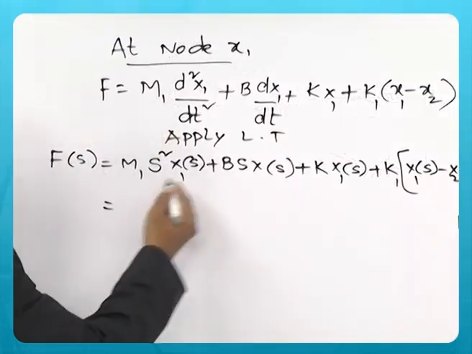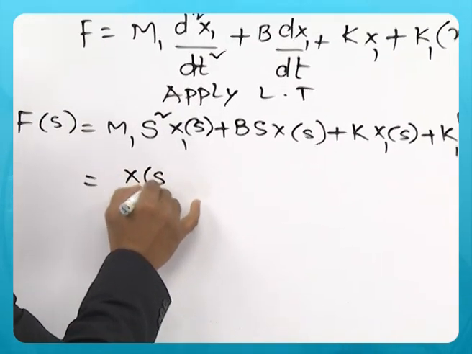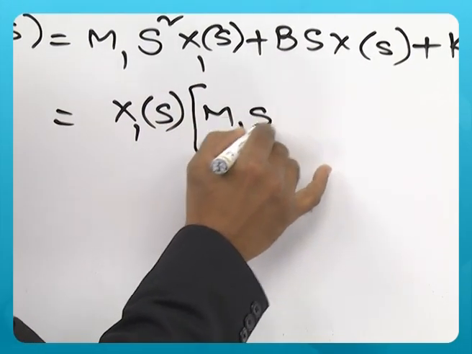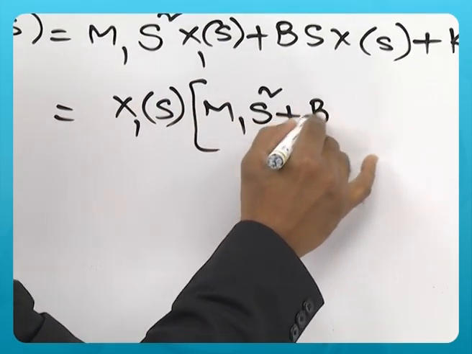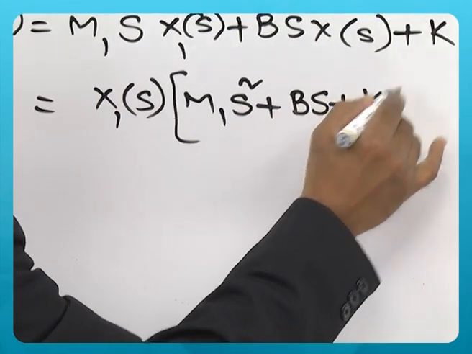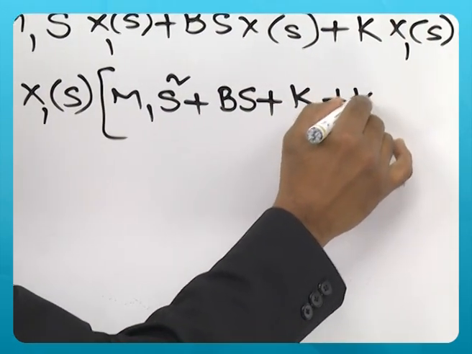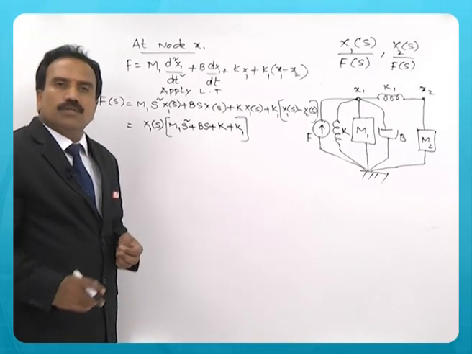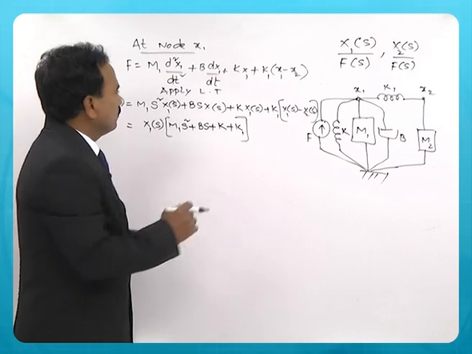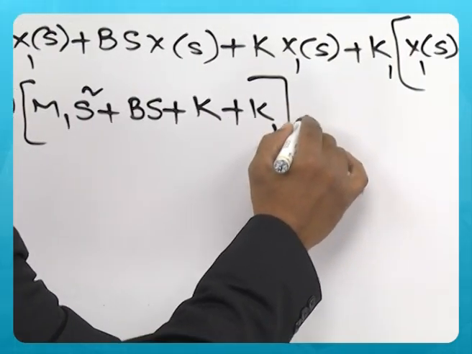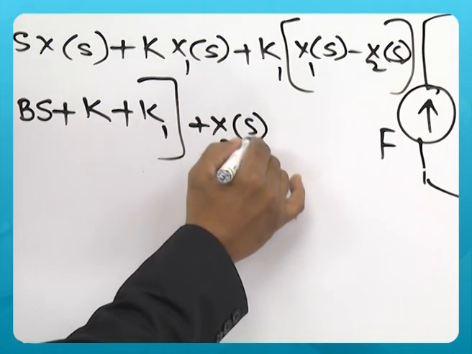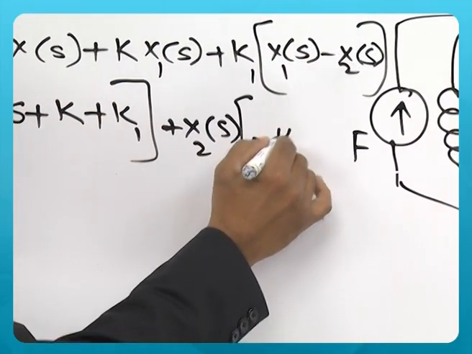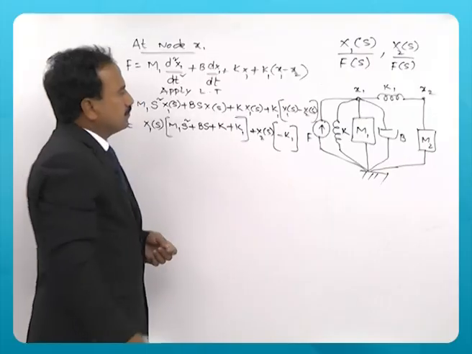Now, you separate the terms of X1(s) and X2(s). The coefficient of X1(s) is m1 s square plus B s plus K plus K1, and for X2(s) you have only minus K1.